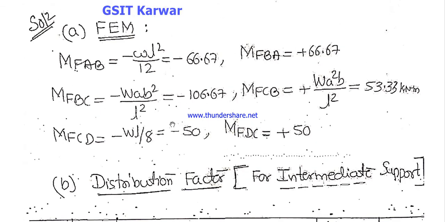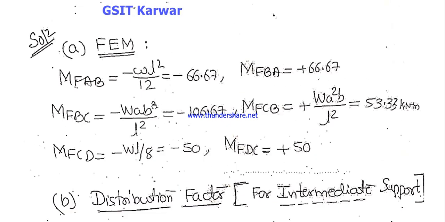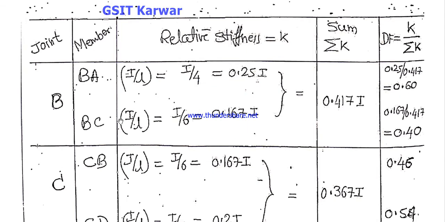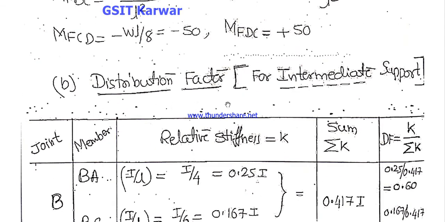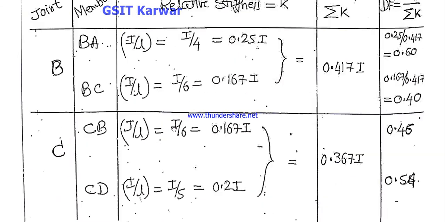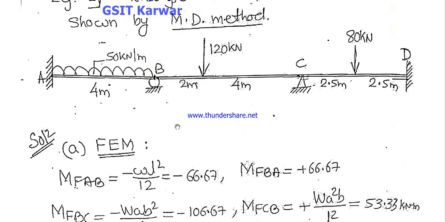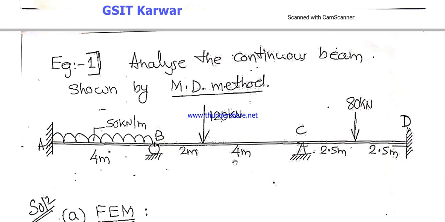Next, after calculating fixed end moment, the second step, or step B, is the distribution factor for intermediate supports. Which are the intermediate supports in this problem?